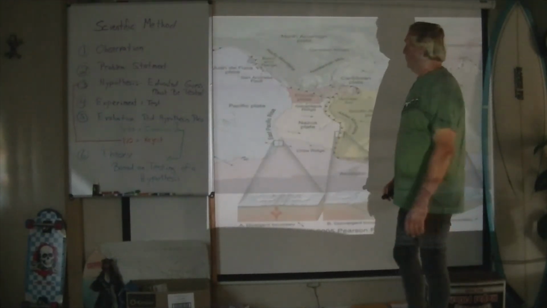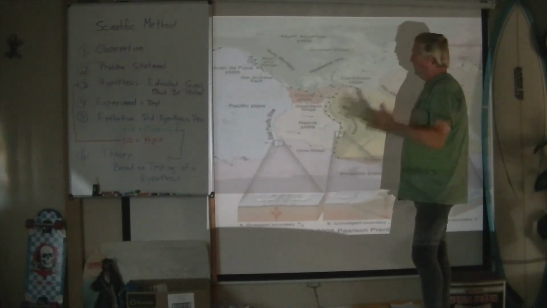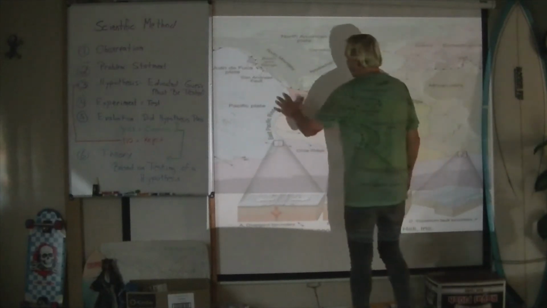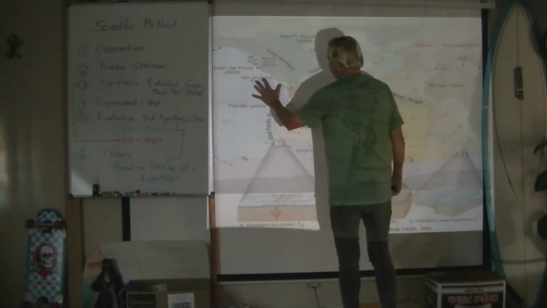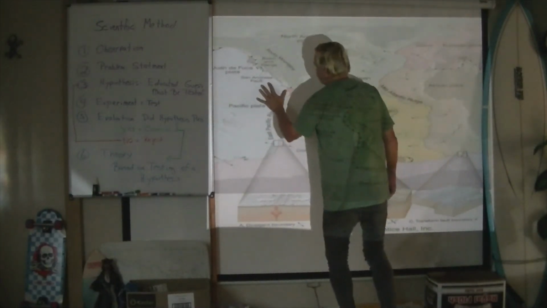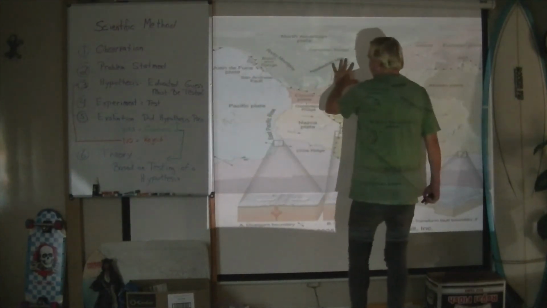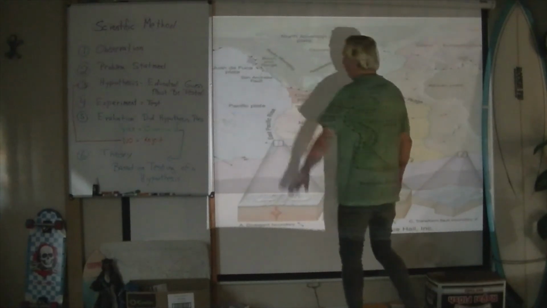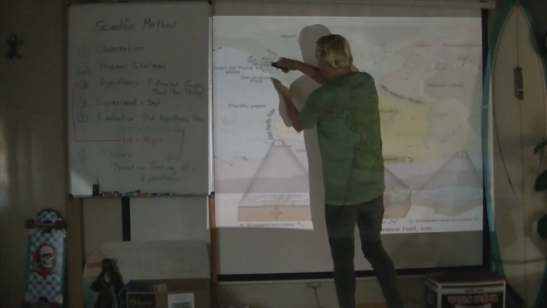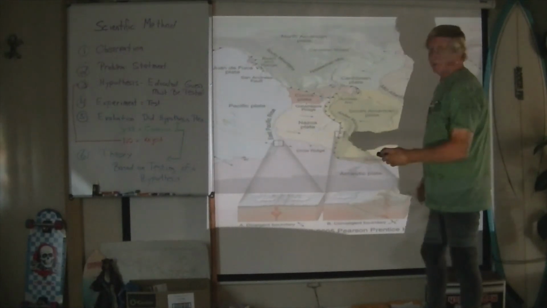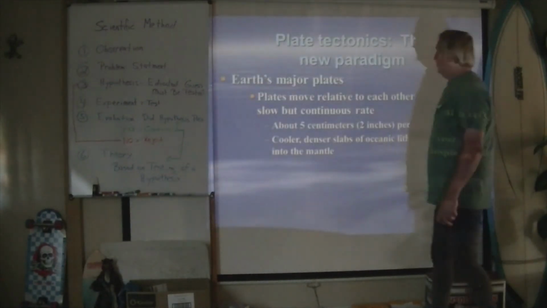So our San Andreas Fault is a result of a plate boundary between two plates that are moving in different directions. The Pacific plate in California is moving more to the north and west, more to the north, whereas the North American plate is moving to the west. So here in this area, these plates are moving side by side, creating the San Andreas Fault. And we'll talk about the San Andreas Fault in a lot more detail.